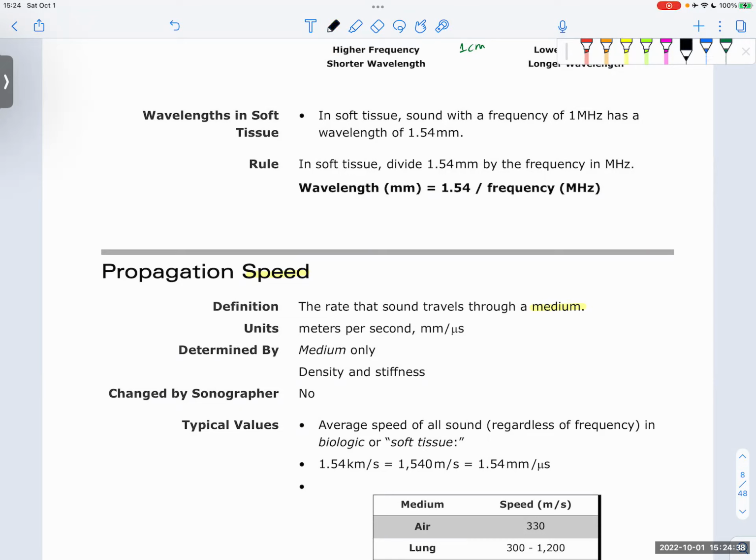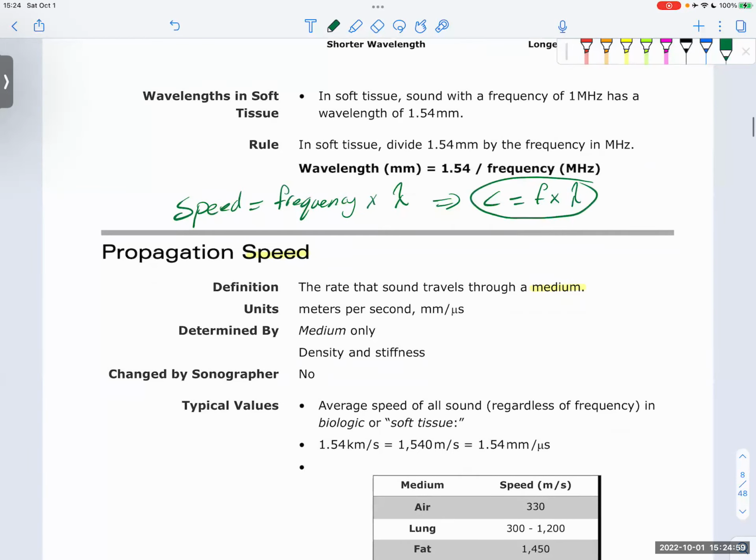speed equals frequency times the wavelength. For abbreviations, speed is known as C, so C equals frequency times wavelength. Now, the speed will be a unit of distance over time.